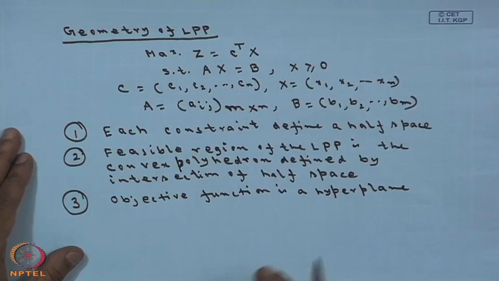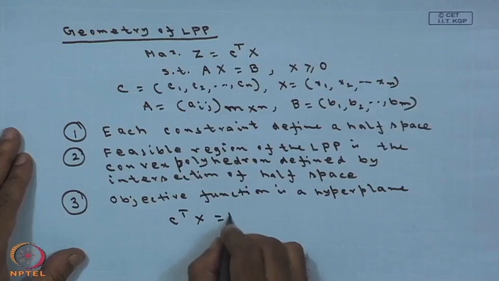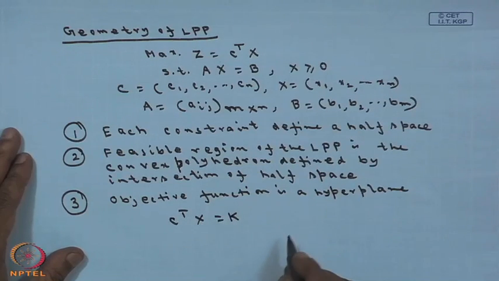Your objective function is representing one hyperplane. If you take a particular value, C transpose x equals k for a given value of k, the graph of this equation will represent one hyperplane, where k represents the distance of the origin from the hyperplane.